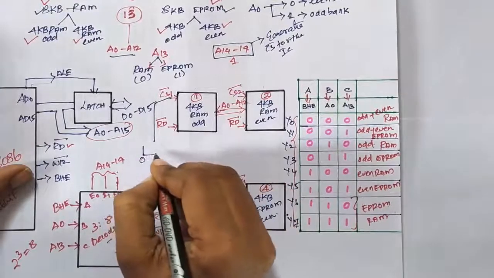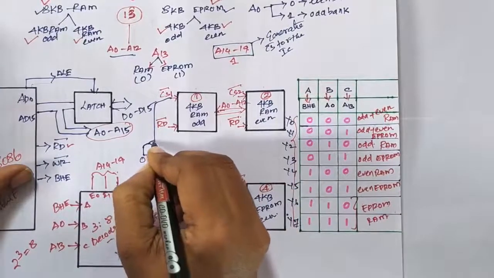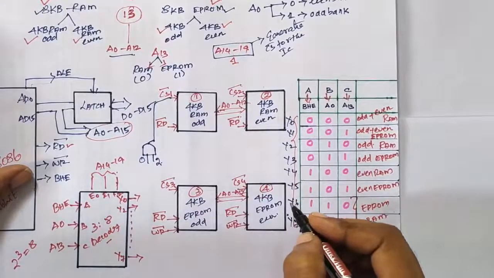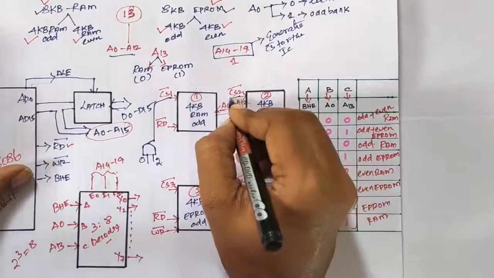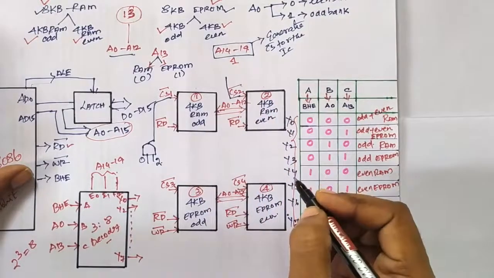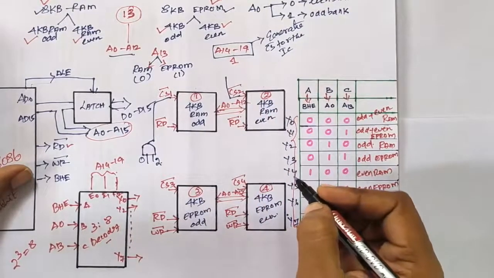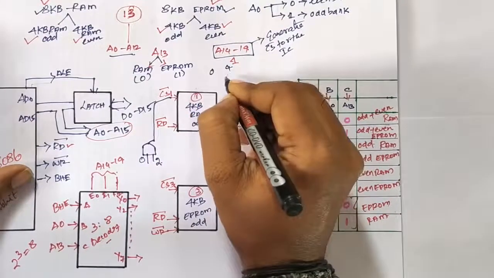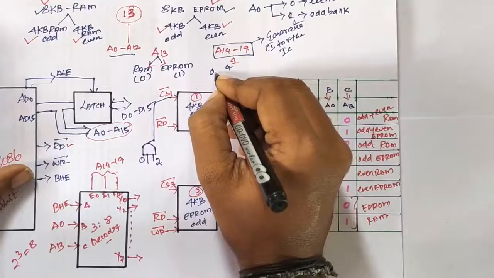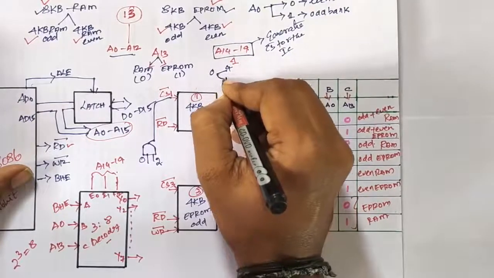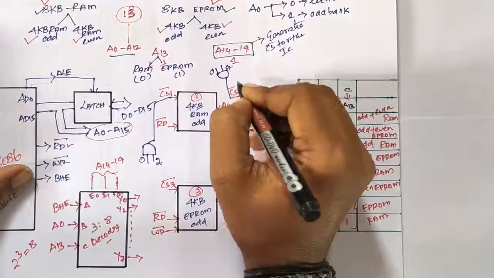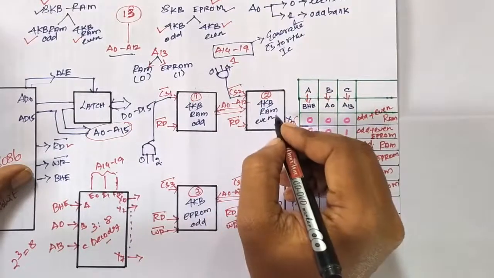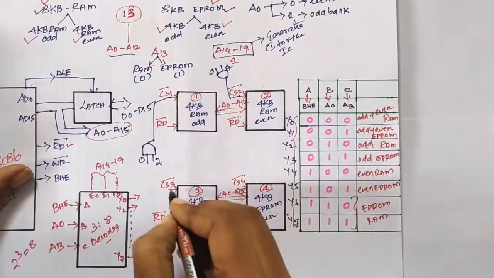Then only can we select the 4 kilobyte odd memory. Similarly, to activate the 4 kilobyte even memory, we need outputs 0 and 4 from the corresponding decoder. So we put an AND gate, through which we can select the individual RAM and EEPROM memory chip select signal.